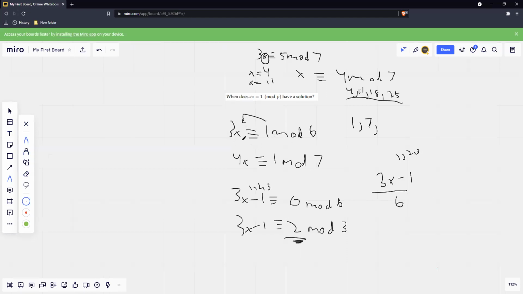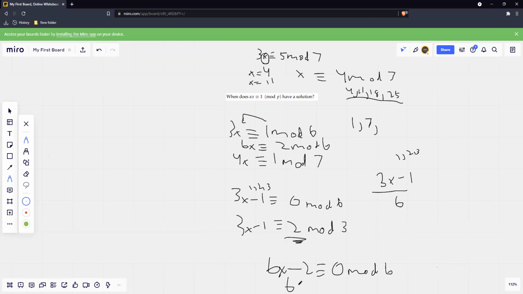Well, this is a bit hard to understand, but since multiplication is allowed, if we multiply both sides by 2, we get 6x is congruent to 2 modulo 6, right? And then when we subtract 2 from both sides, we get 6x minus 2 is congruent to 0 mod 6. What does this mean?